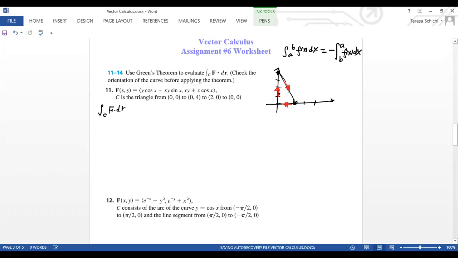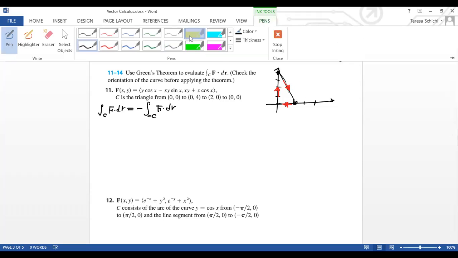Just like here, this is negative orientation. In order to use Green's theorem, we need the positive orientation. So I'm going to have a negative, and this is the negative C for F dr, so the negative C goes backward here, right?